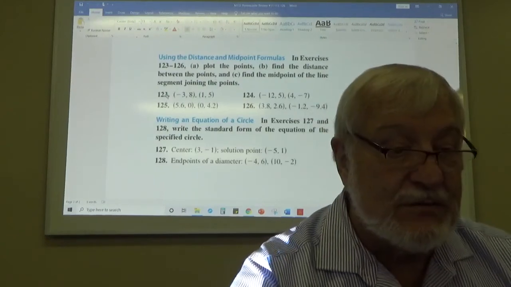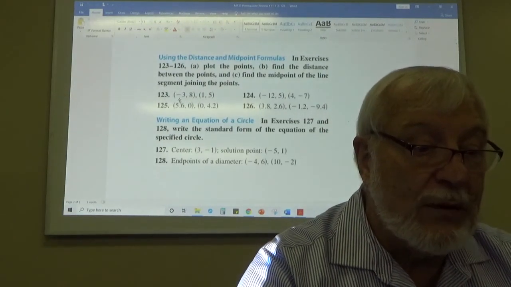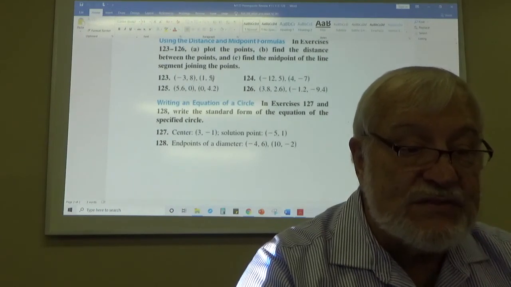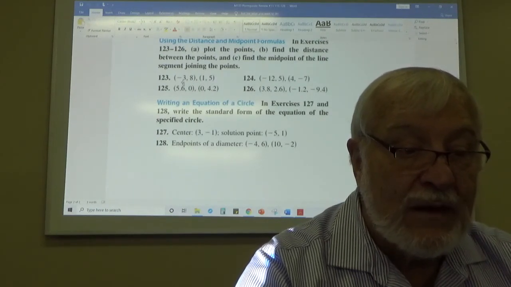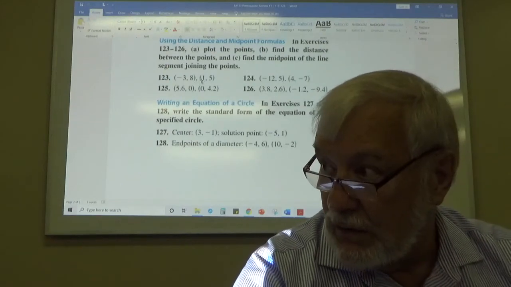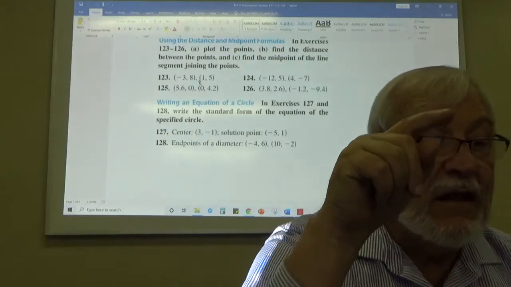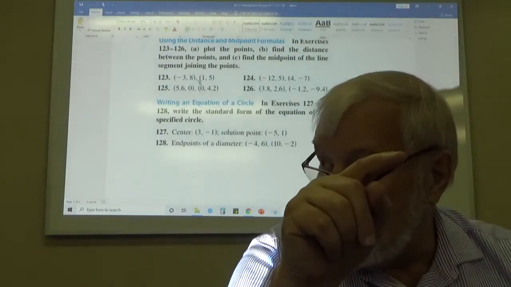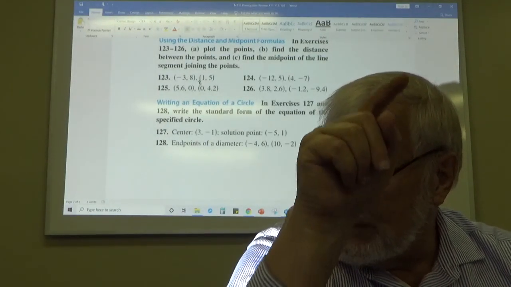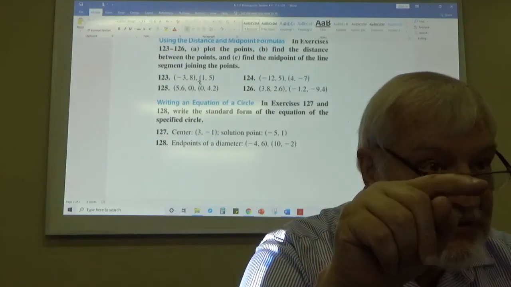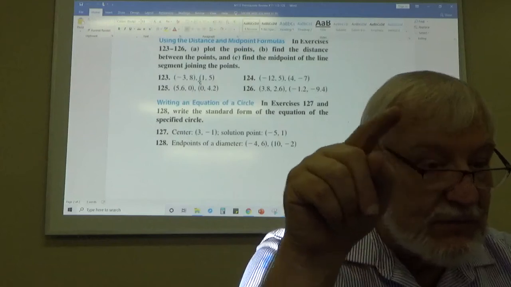Find the distance between the points. Now this is interesting. The slope for number 123: look at this. The slope goes down 3, and then this goes up 4. If you take the 3 and 4 and square them, that's a squared and b squared. So 9 plus 16 is 25, square root of 25.